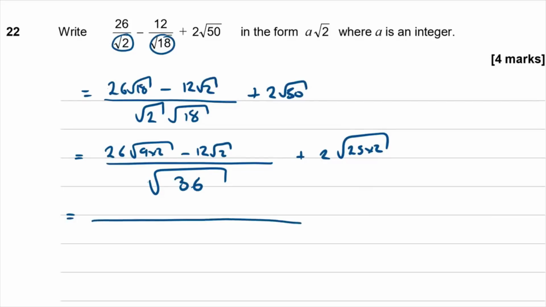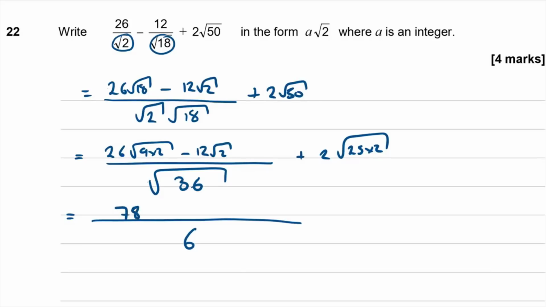Well, our denominator, root 36, is going to simplify down to 6 because the square root of 36 is 6. Now, breaking up this root 9 times 2, the square root of 9 is 3, and the square root of 2 is just the square root of 2, but I can bring the 9 out then, can't I? So that's going to give me 3 lots of 26. 3 lots of 26 is 26, 52, 72, 78.